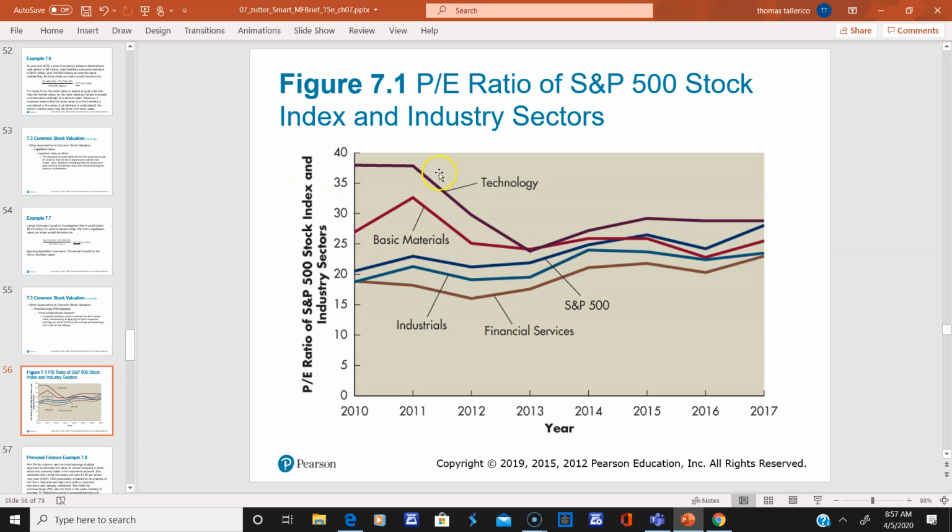And here is the PE ratio of many different industries: industrials, I guess that would be the Dow, basic materials, technology. But they take an average PE ratio for all the 500 stocks in the index.